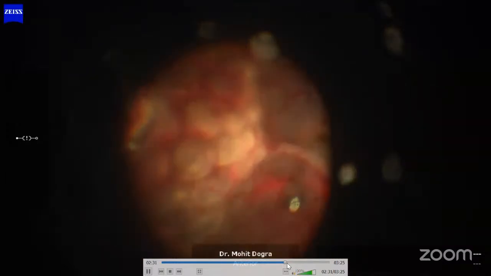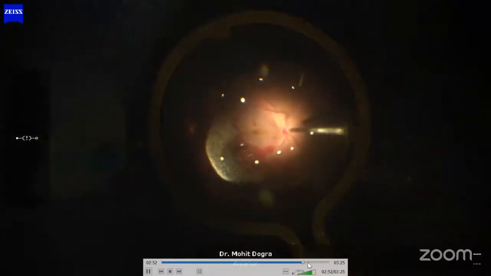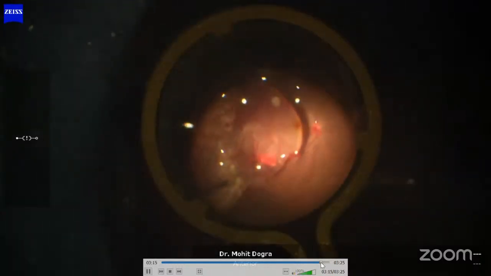Then a fluid air exchange was done, following which 20% SF6 was given as a gas tamponade.